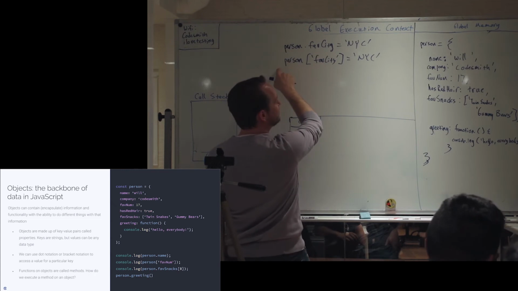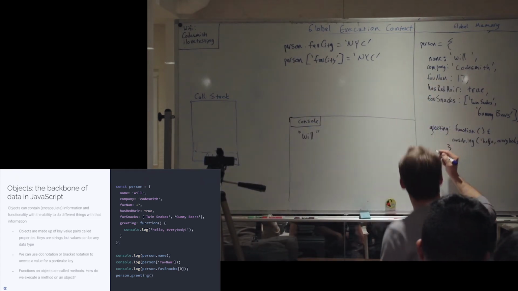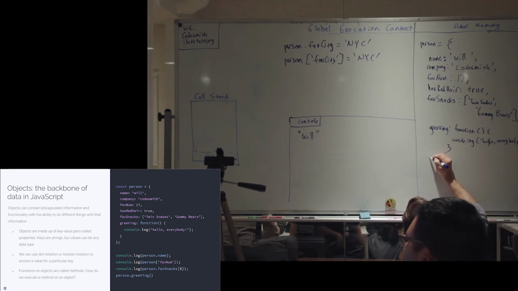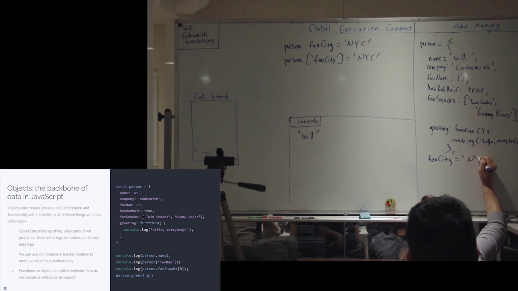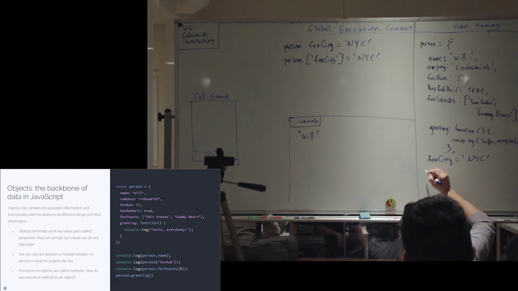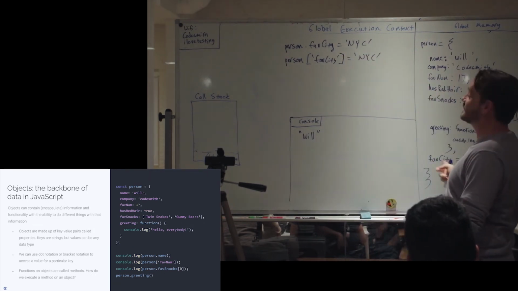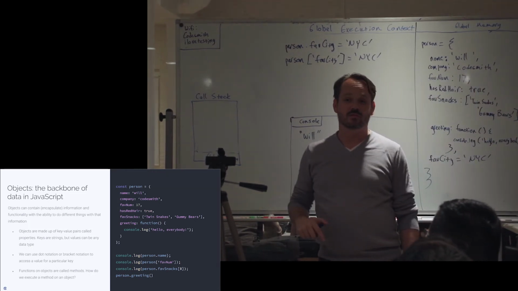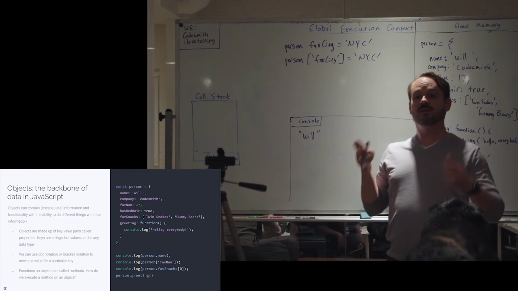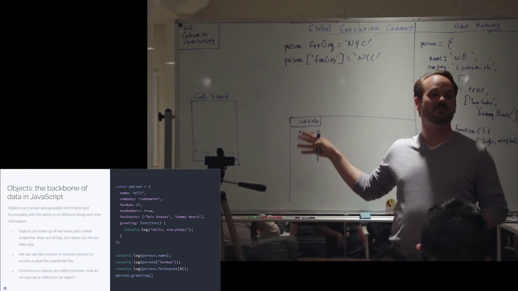So either one of these things would have us come back in here, and at the bottom of our object, we would say comma, fave city equals NYC. And then we would close out our object here. So this is how we can access something, or we can also add something. So I don't have to declare this variable fave city. I just say person.favecity equals NYC.